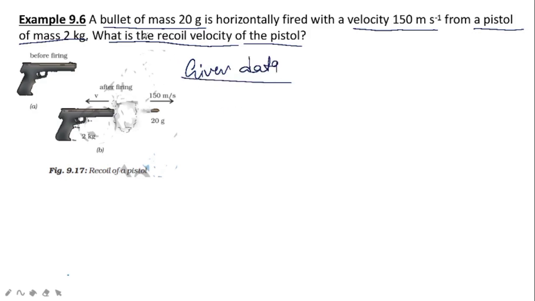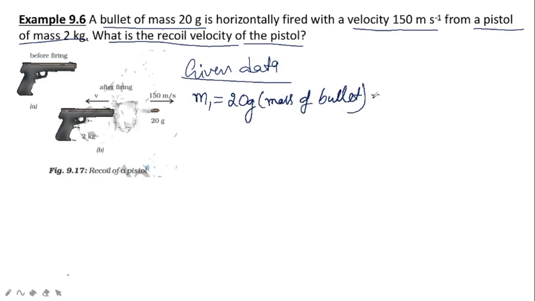So what data do we have? Bullet of mass 20 gram, we will take it as m1, which is equal to 20 gram, right? This is the mass of the bullet. But we know that the SI unit of mass is kg.